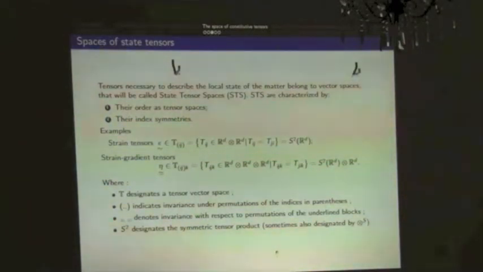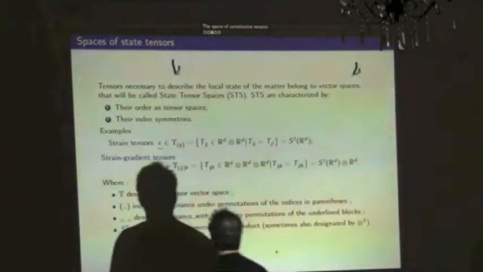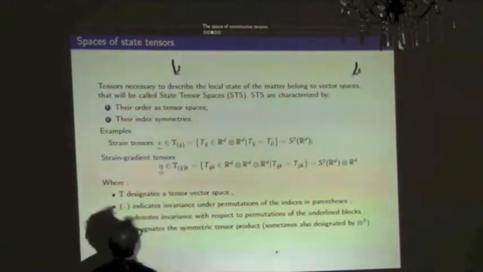So what I call state tensor spaces are characterized by their order and the index symmetry that define your different elements. So for strain tensor, we are living in this space.